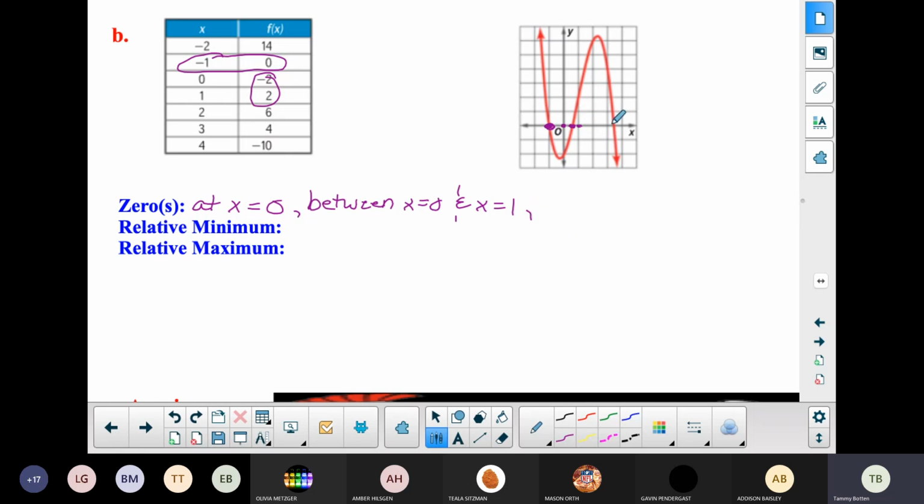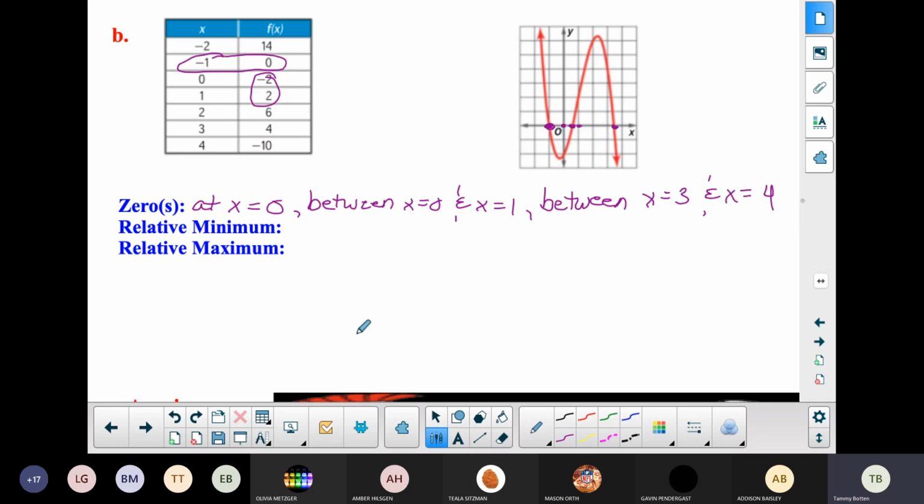Okay. And then notice we have another 0 over here. And for that one, again, it's closer to x equals, what is that? X equals 3. So somebody might say near x equals 3, or I would probably on this one say between x equals 3 and x equals 4.